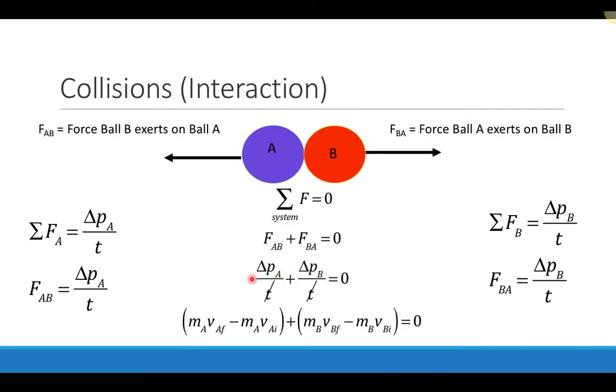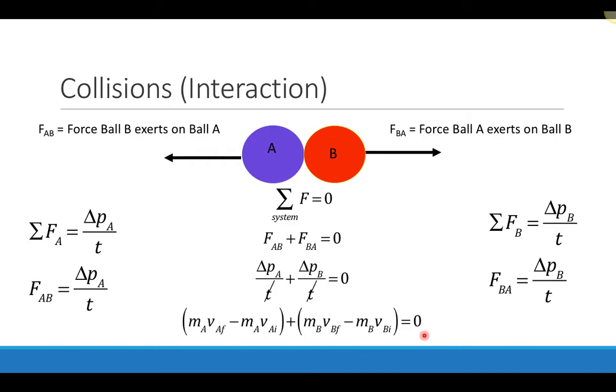So now what I can do is plug in the fact that the change in momentum of ball A is just the mass of A times its final velocity minus the mass of A times its initial velocity, plus the change in momentum of B, which is the mass of B times its final velocity minus the mass of B times its initial velocity. So here is the change in momentum of A, and here is the change in momentum of B, and that has to equal 0.